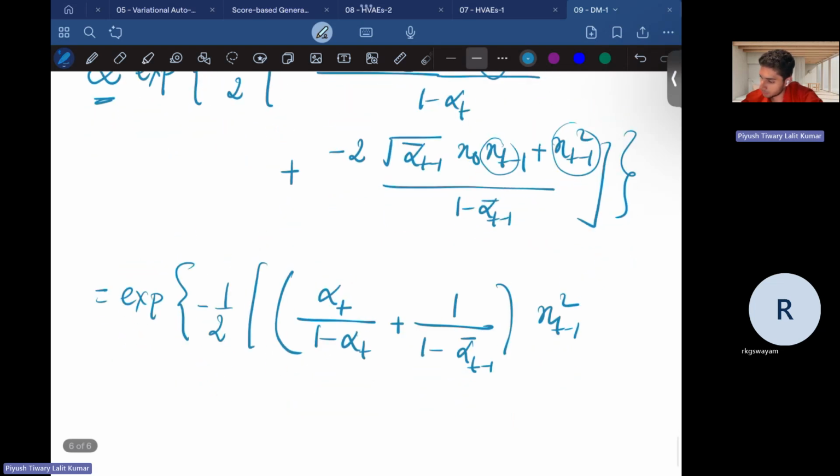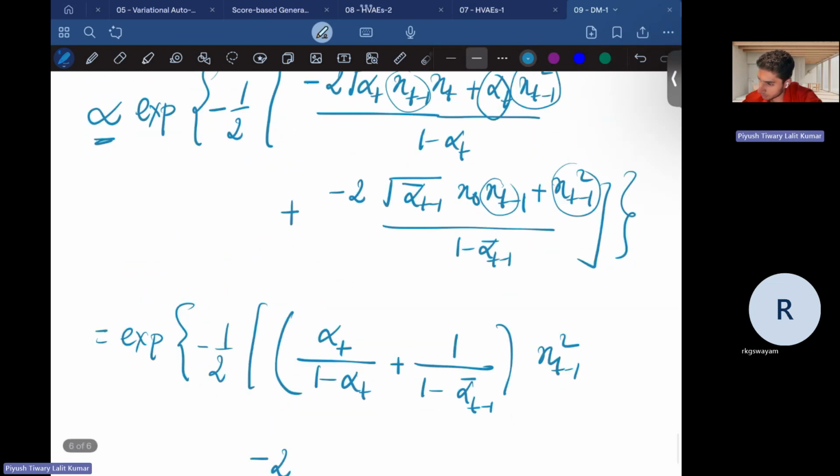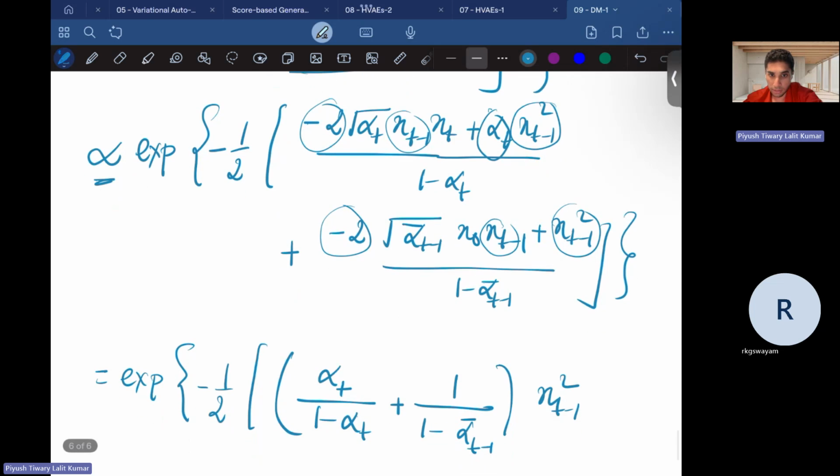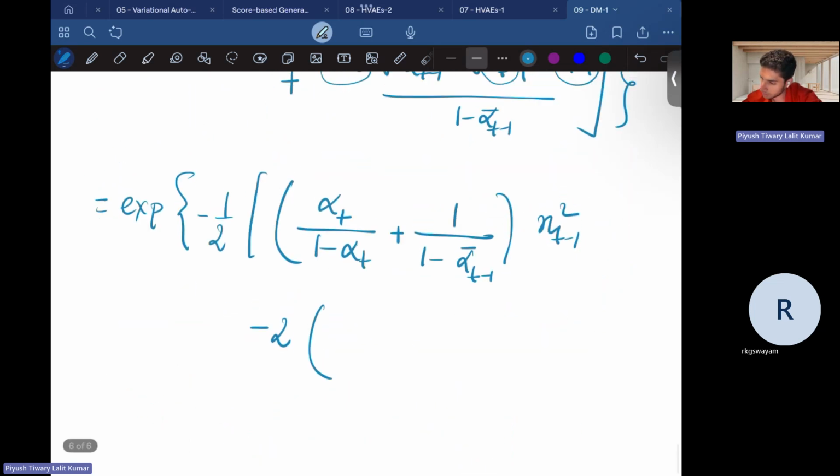In the second term, we have minus 2 that is common. Rest of the things, I don't think anything is common, so let's take things out.